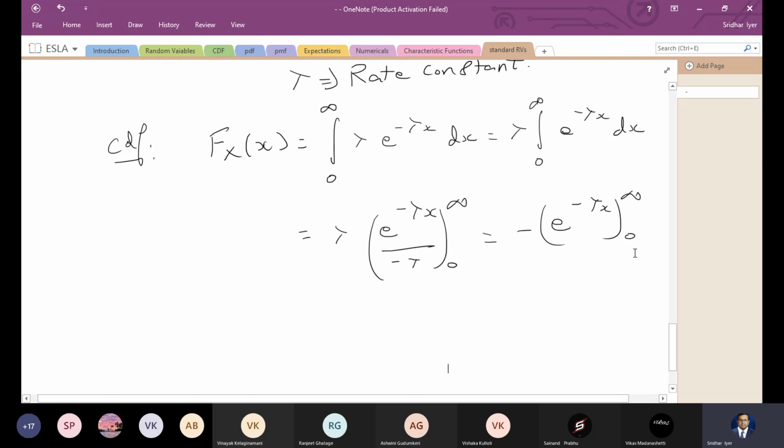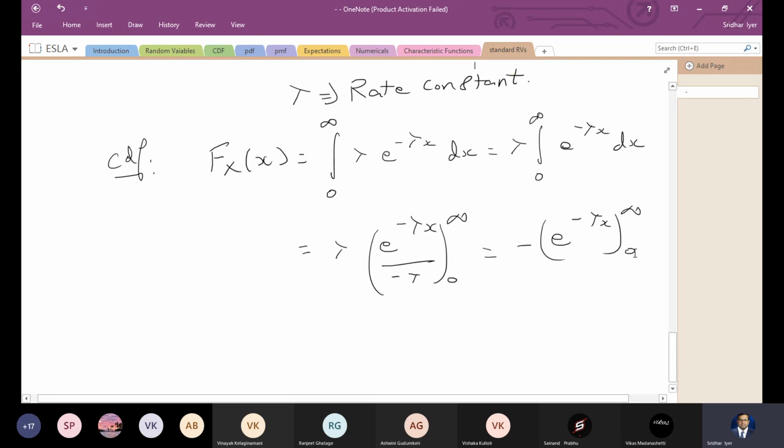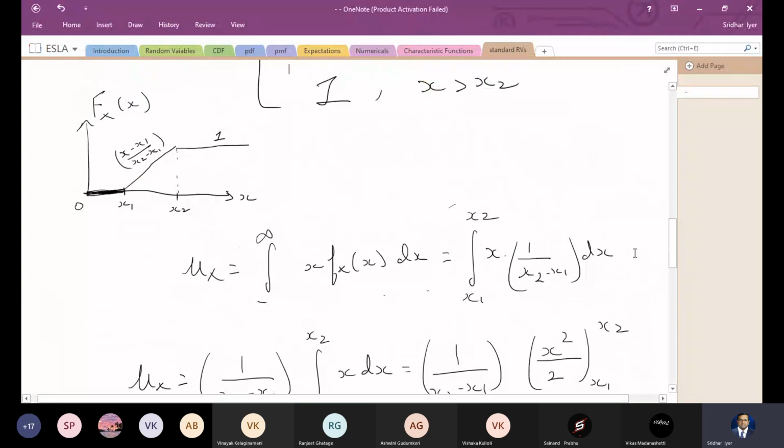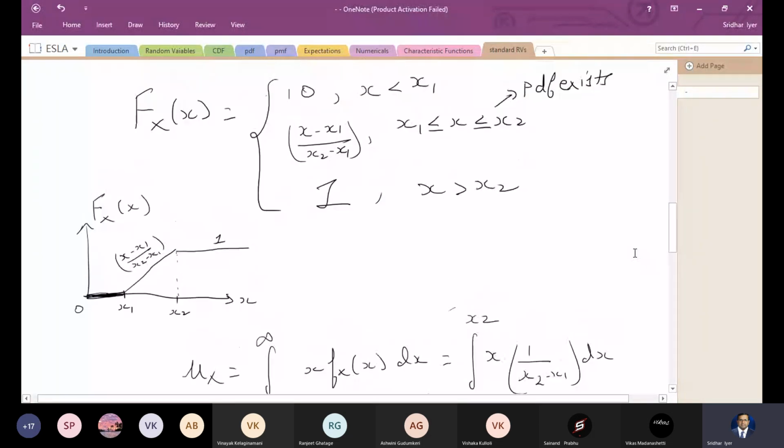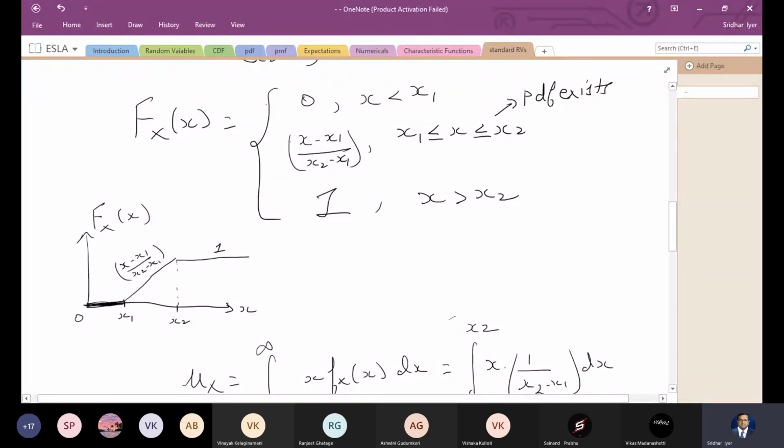See, you have to remember CDF is not a constant value. If we scroll up, please remember this is a very common mistake students make. CDF is not a constant value. See here, this is the CDF. It cannot be a constant value. Here x1 and x2 are constants, but this x is not a constant.